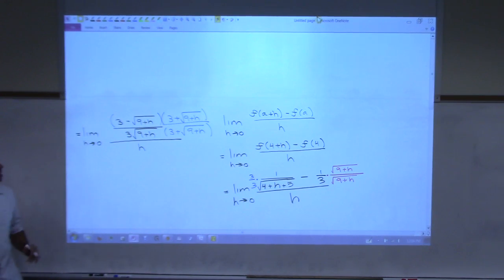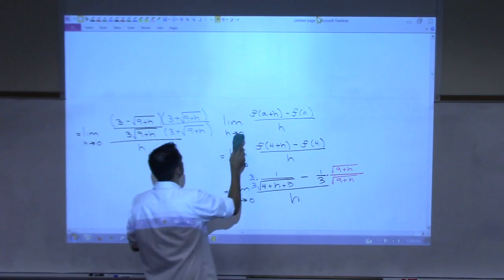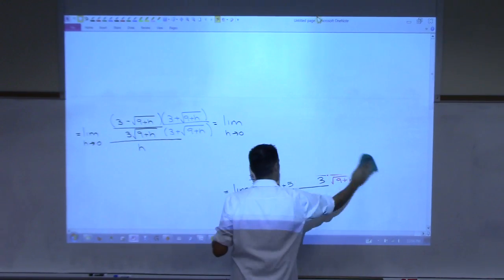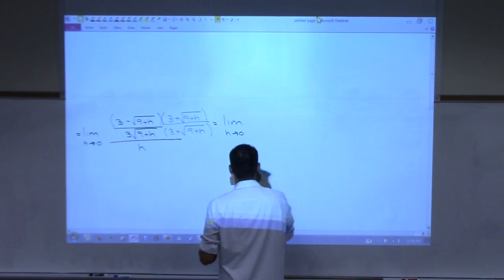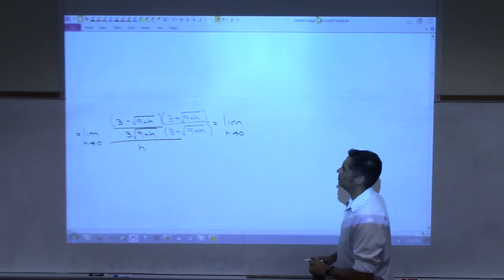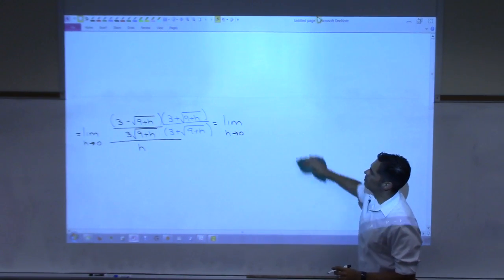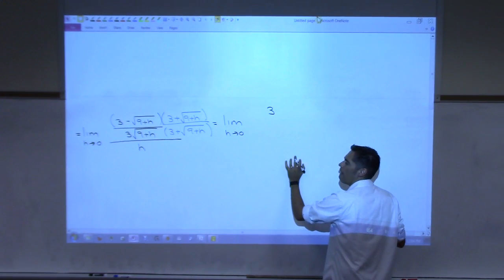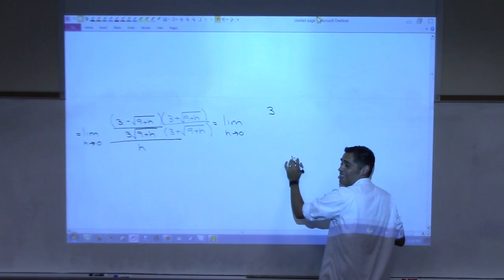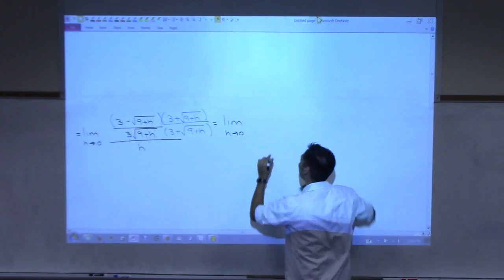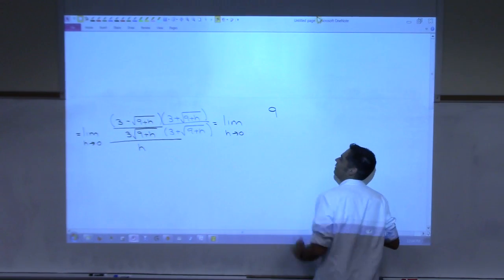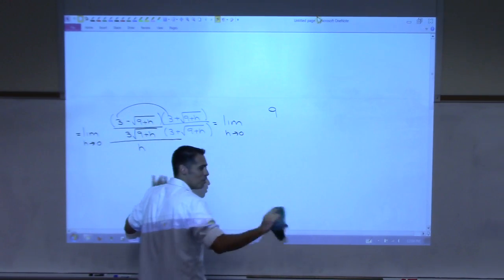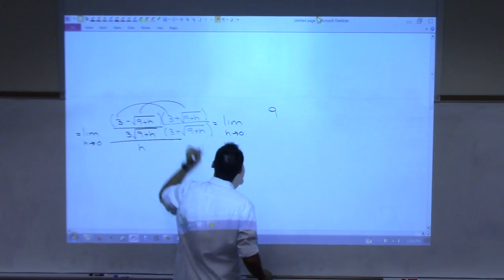The middle terms are going to cancel. What is the new numerator? 9. I don't know why I just wrote 3. Sorry. 9. That's your 3 times 3. The middle terms go away, and it's really just the last ones you have to worry about.